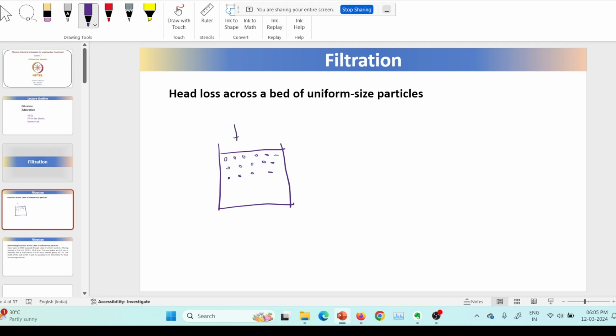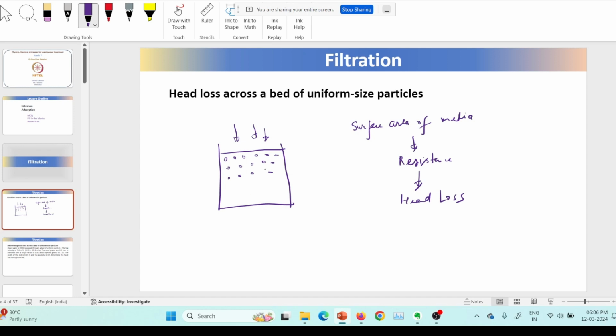When water passes through the filter, the surface area of the media will cause some resistance, and this resistance will cause head loss.